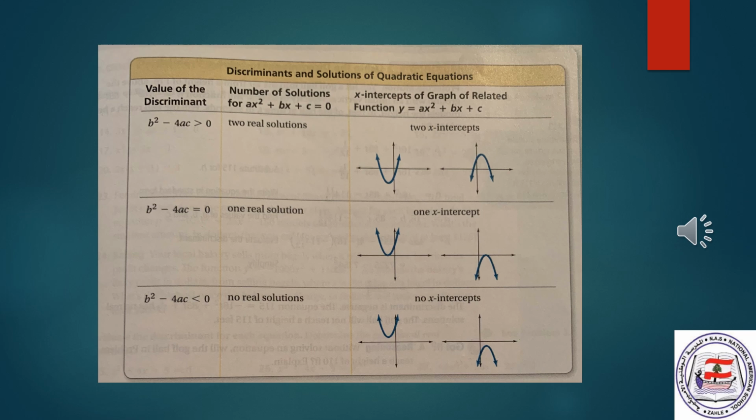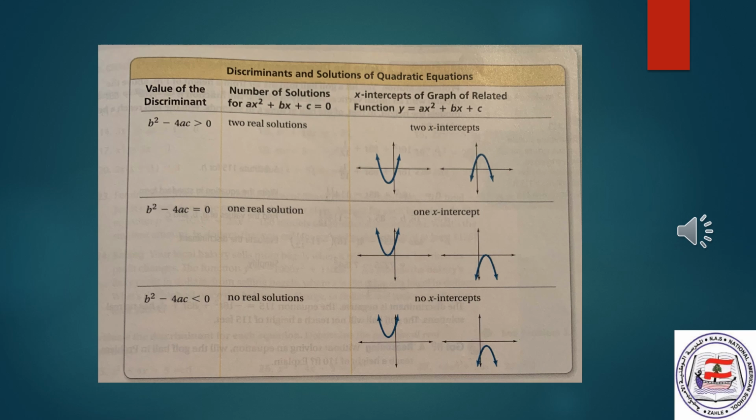If we study the table, when the discriminant is positive, defined by b squared minus 4ac, the equation by calculation gets two real solutions, and by graphing the quadratic function, we can get two x-intercepts or 2 points of intersection between the curve and the x-axis.